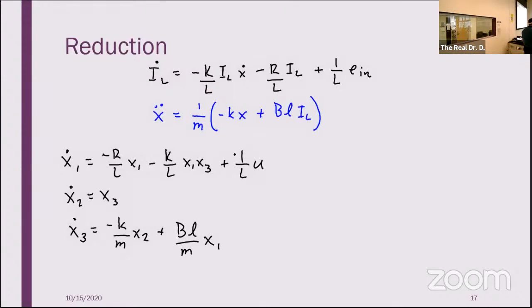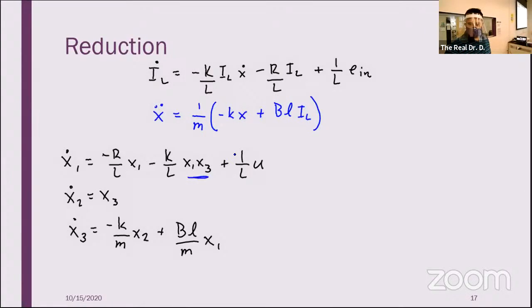Can we write this as a state space representation? How do you get x1 times x3? So we can't, turns out. You can't write this as state space.